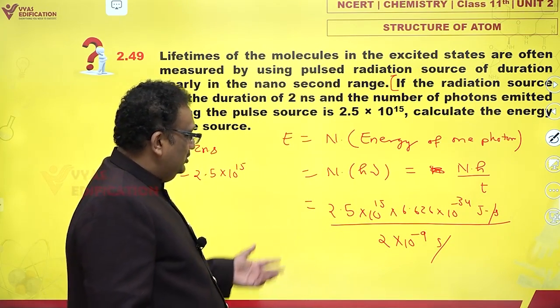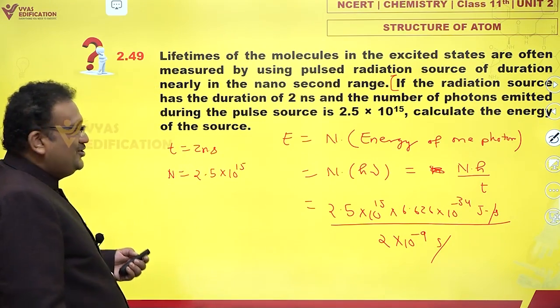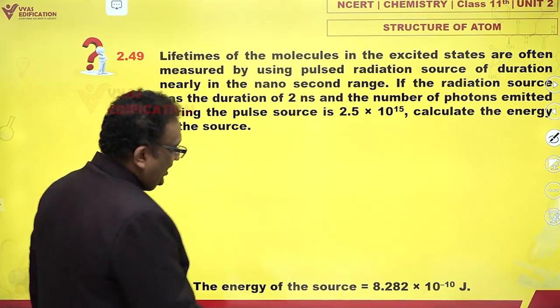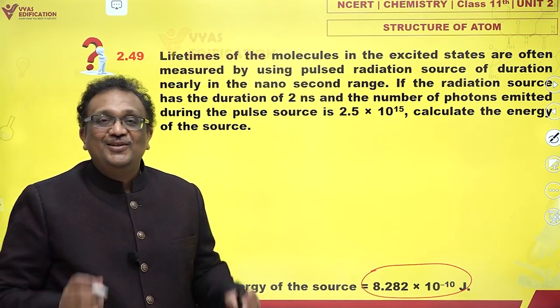So many joules. And what does that come out to be? The energy of the source comes out to be 8.282 × 10^-10 joules.